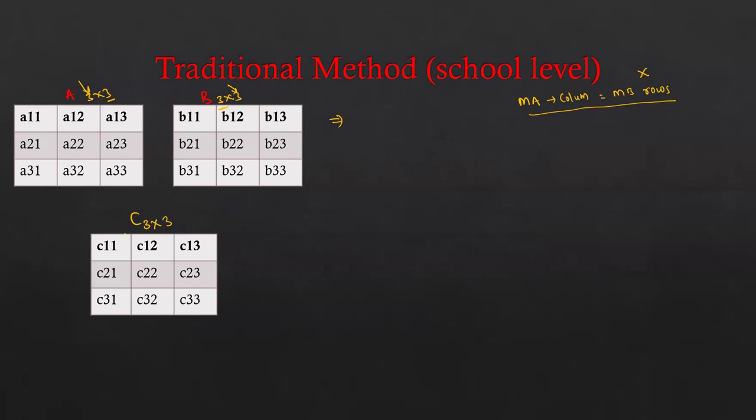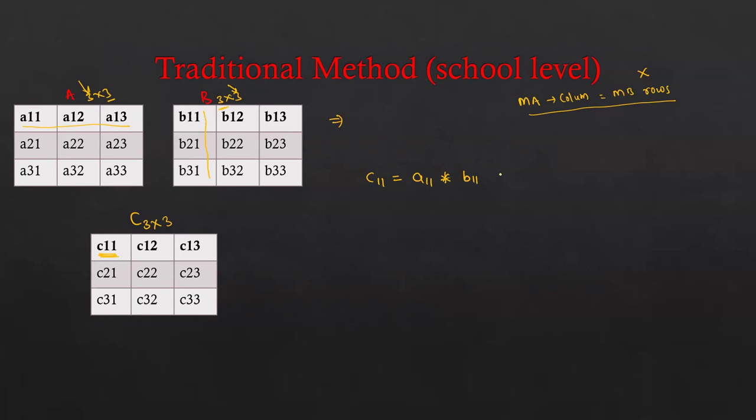Next, how can I know the C11 value? To calculate the C11 value, the first row of this A matrix should multiply with the first column of the second matrix. These two I need to multiply individually. So A11 needs to multiply with B11.